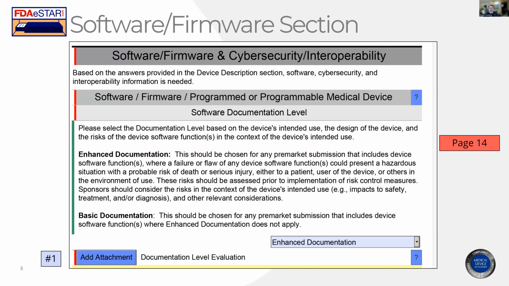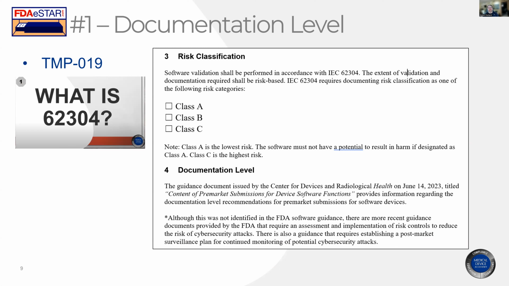So that's the first document you attach for software, and we have a template for that. That document is template 019, and I did a little screen capture of part of that document. It actually asks you, is this a risk classification A, B, or C according to 62304?